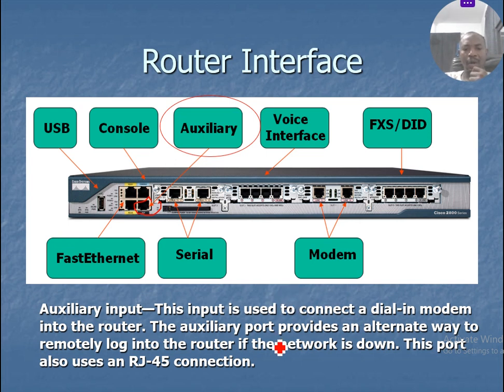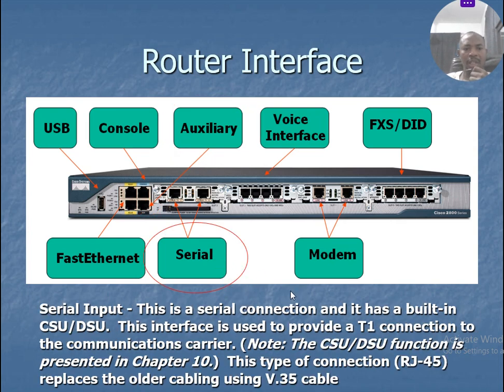So if the network is down, you use this auxiliary input to log in to the router. Okay, so this auxiliary input uses what we call the RJ45 connection, or RJ45 jack, or RJ45 cable. Is that okay? So now let's move on to the next one.